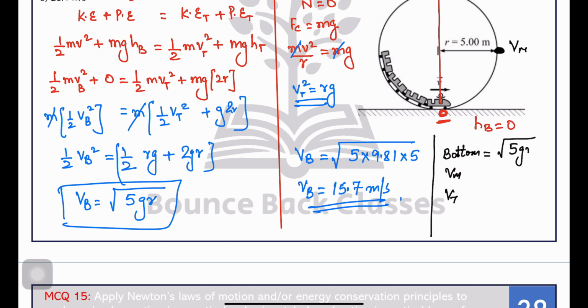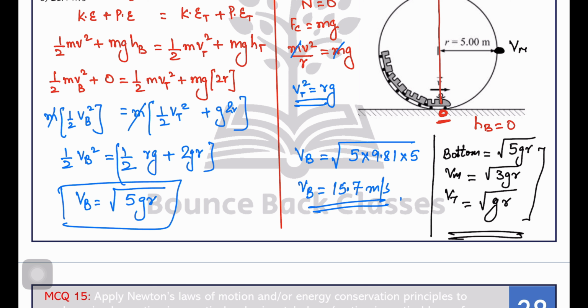At the bottom the velocity is root 5gr, at the middle root 3gr, and at the top root gr. You can use them directly. This is very, very important for your understanding. Clear?